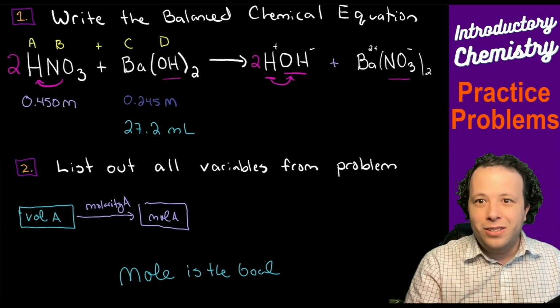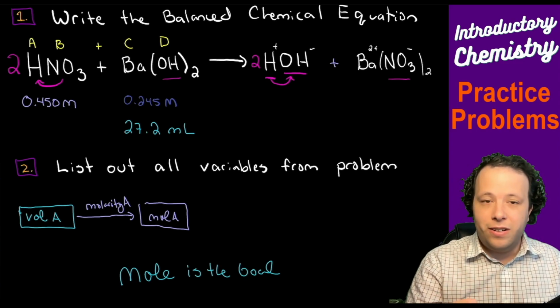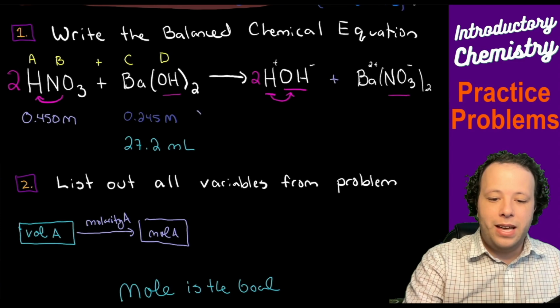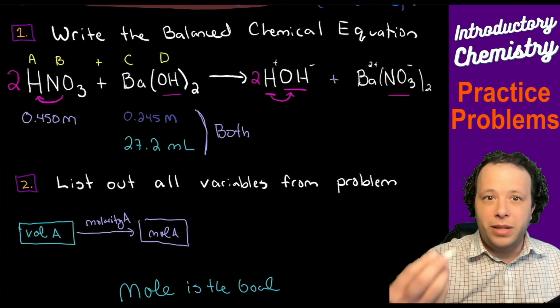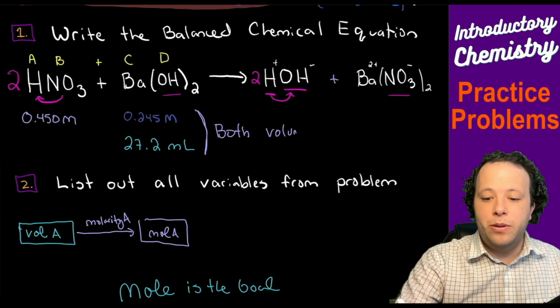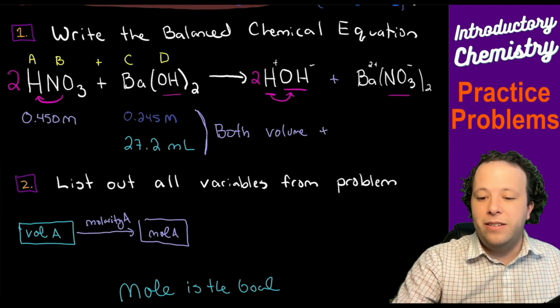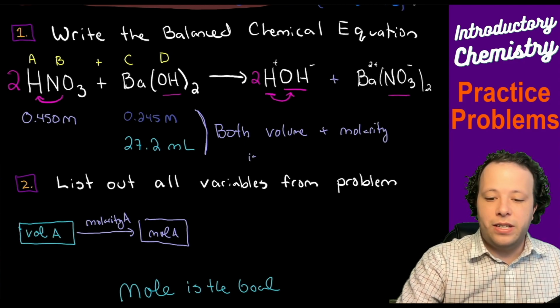So what that tells you is the only place that you can start is with a chemical that has both the molarity and the volume. You need both things to start.